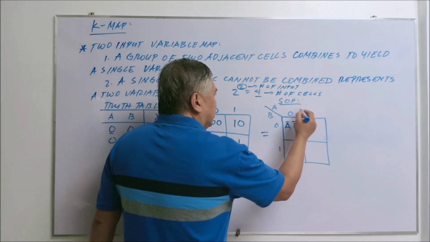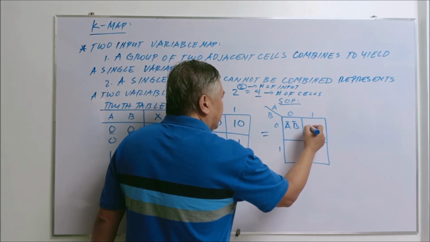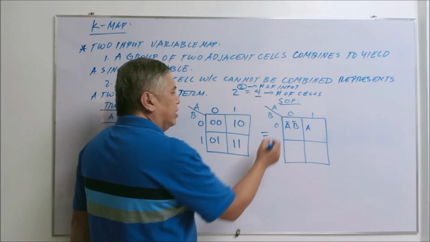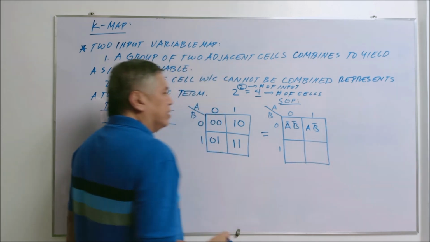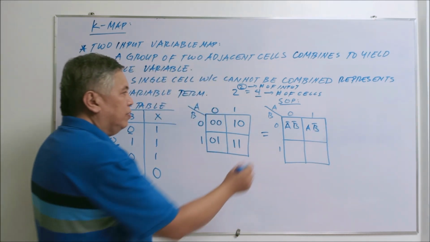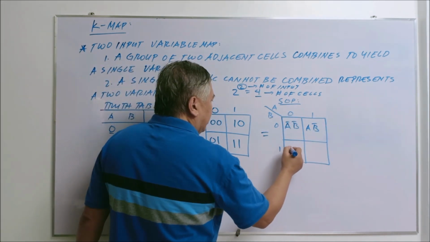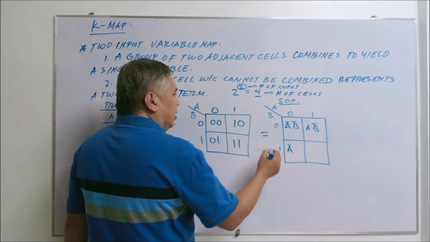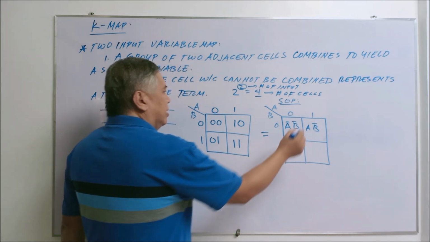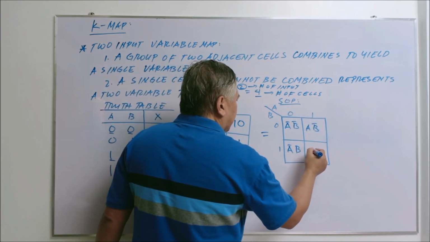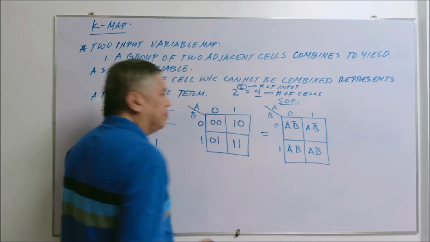Here, since A is 1, you have A not complemented, and B here is 0, so B is complemented. Then here A is 0, A bar, and B is 1, so you have B. And the last one, A is 1, B is 1, so A B.